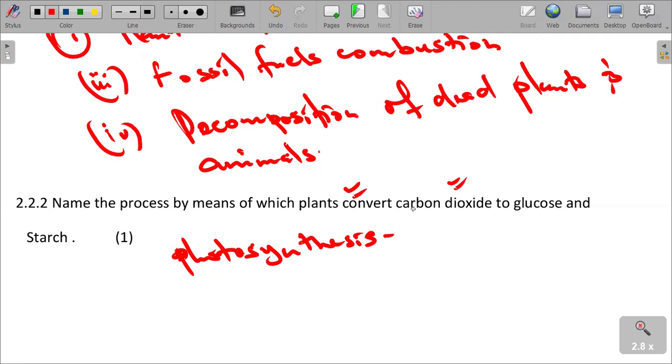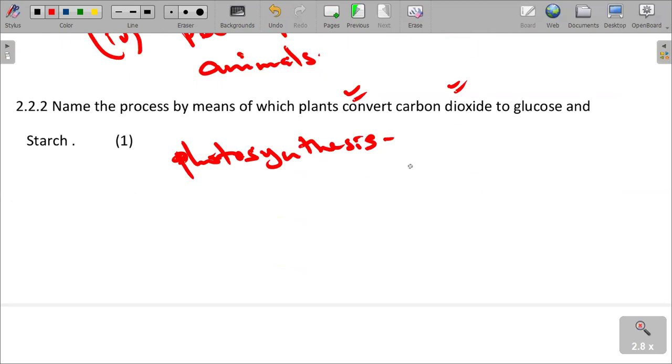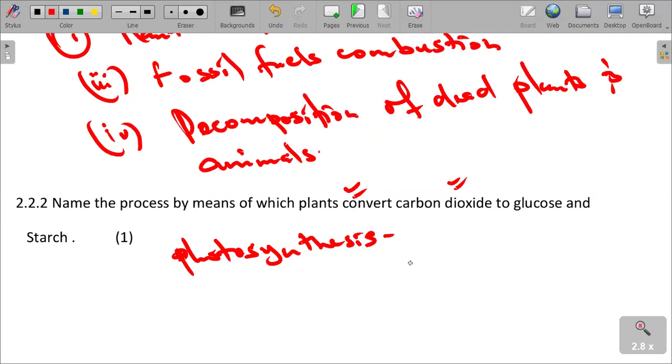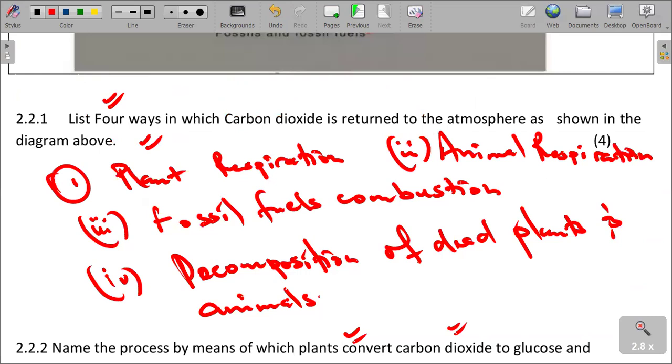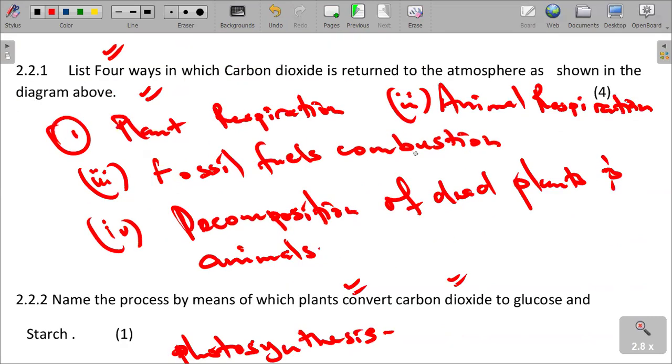Water, carbon dioxide, and sunlight. So therefore, we can also have starch being produced. So that is what we were supposed to take note of: the process by which plants convert carbon dioxide to glucose and starch.